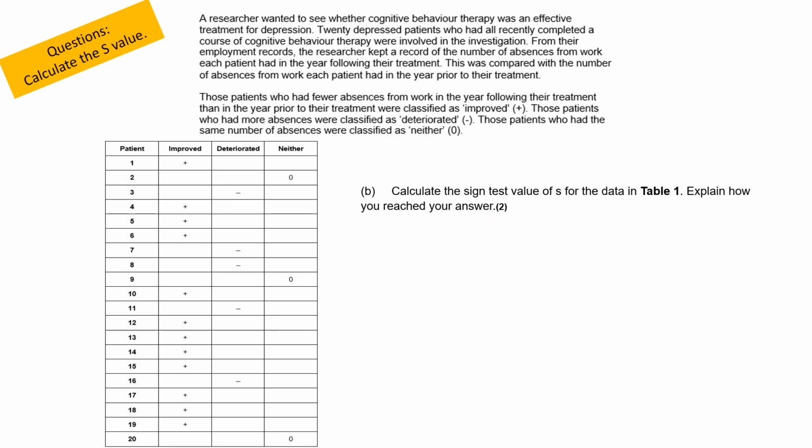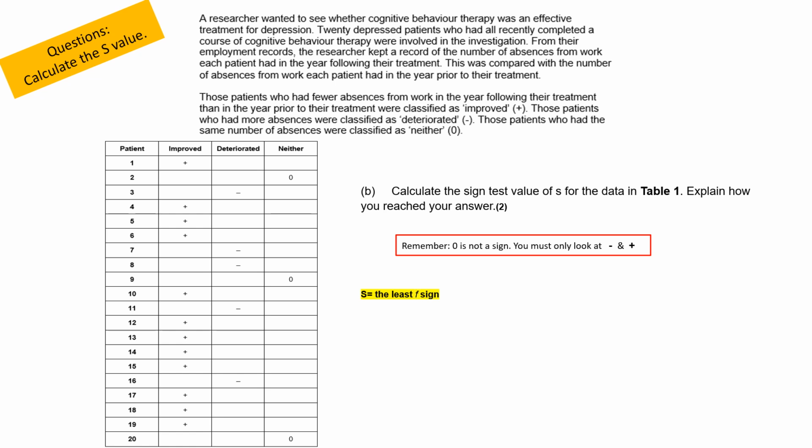Okay, so question B, calculate the sign test value for S for the data in table 1. Explain how you reached your answer for 2 marks. First thing to remember is that 0 is not a sign. So we're going to ignore the column of 0. We're only going to be focusing on the minus and the plus signs. So S is always going to be the least frequent sign.